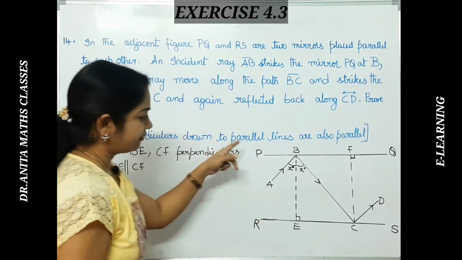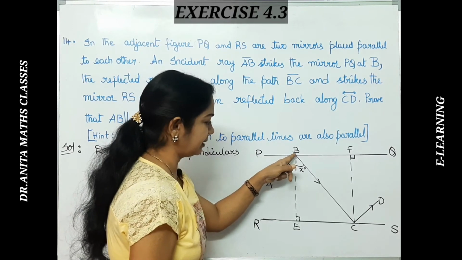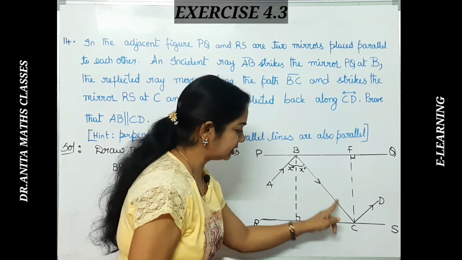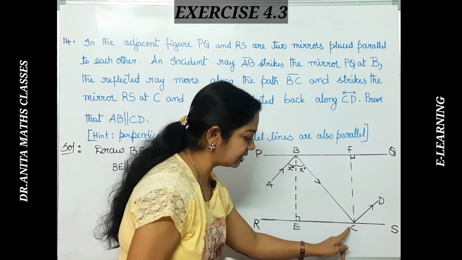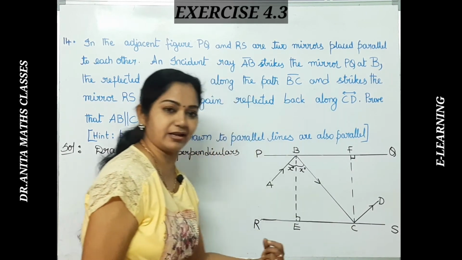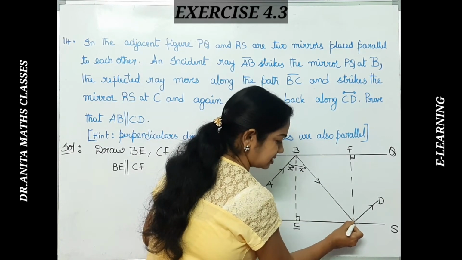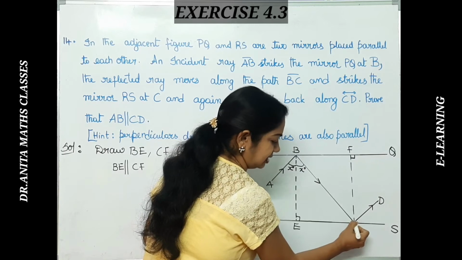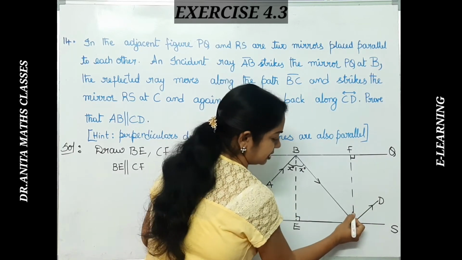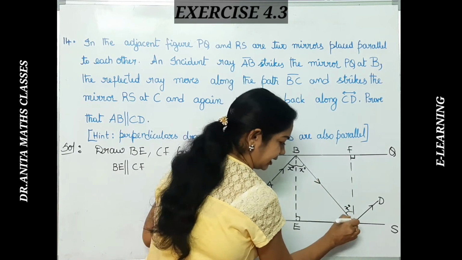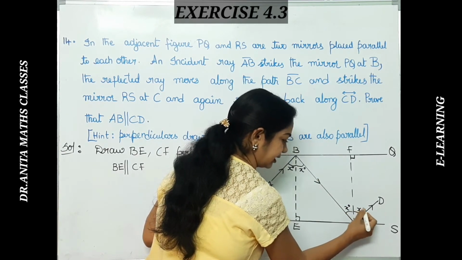Now from B, the ray strikes the mirror and is reflected from here again. This forms the incident ray for our mirror RS. Taking this as the incident ray, it strikes the RS mirror at C and is reflected back. Here this forms the incident angle, and this forms the reflected angle.